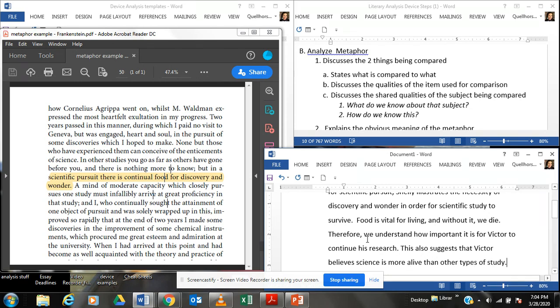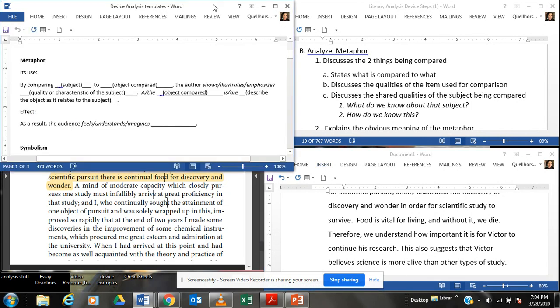All right. Now, the other thing is too, what do we understand? What do we imagine? And what does this say also? Victor is talking about how science is more alive than other types of study. This tells us something about Victor, doesn't it? I could actually go on and talk about how it helps us understand more about Victor's character. Okay.